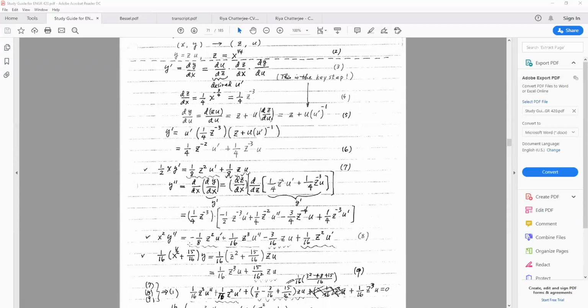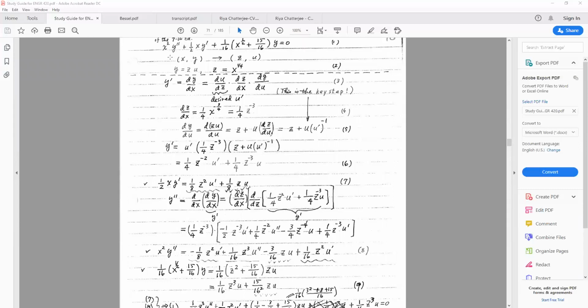Then we further have to modify x squared. The given equation has an x squared factor in there. So multiplying the second order derivative by x squared, we get this term. The very last term is written here.